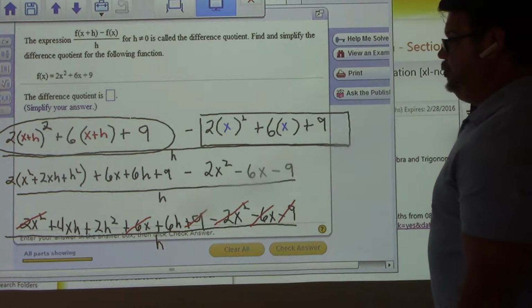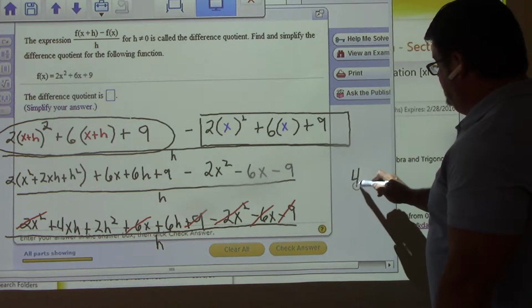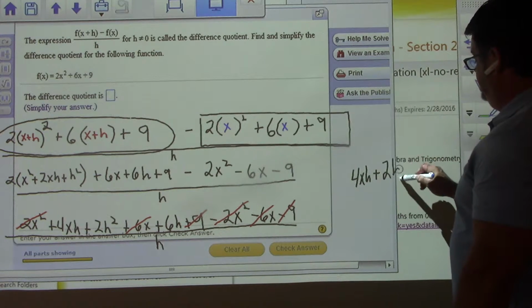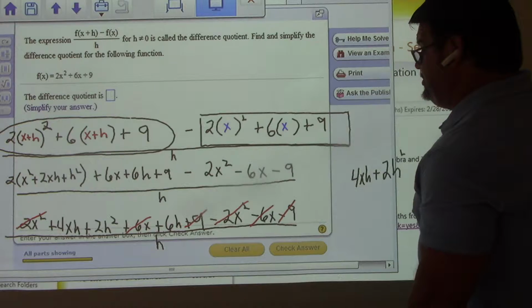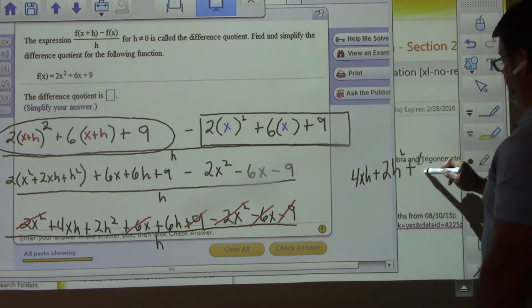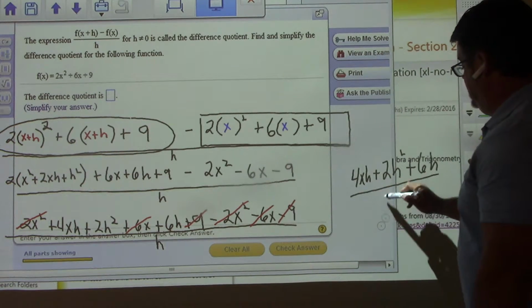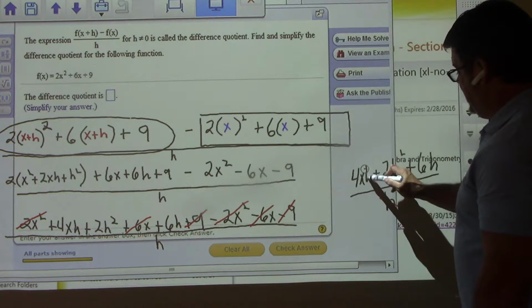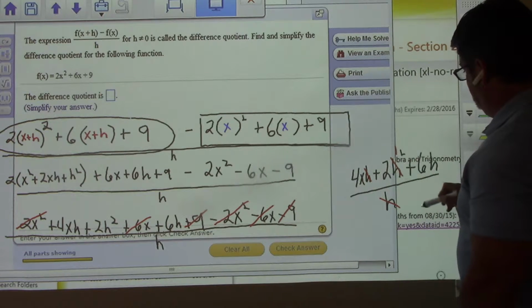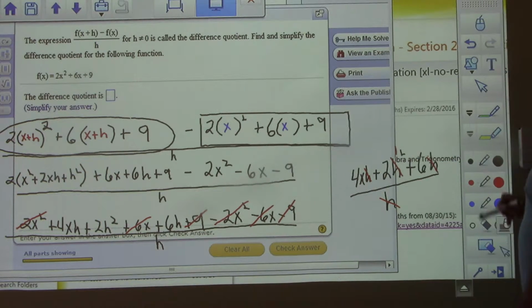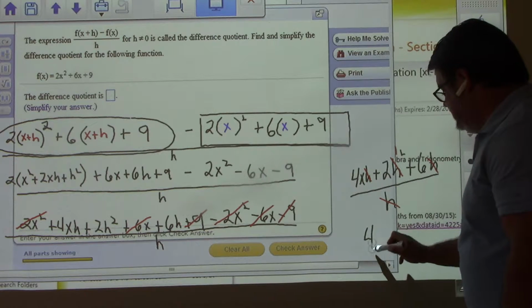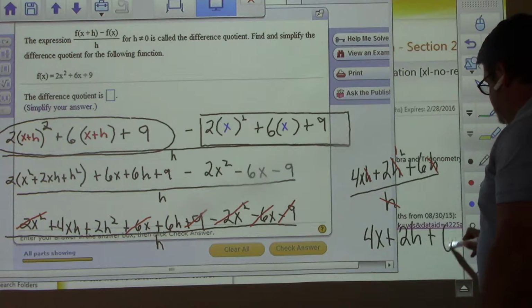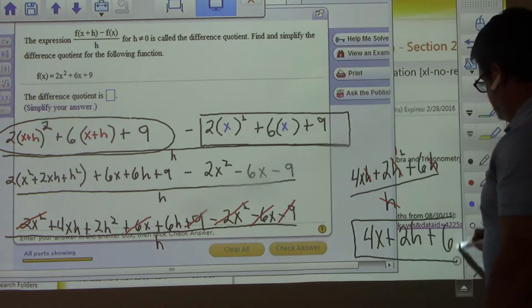That's going to leave you with 4xh plus 2h squared plus 6h over h. And you can cancel that with that, and one of those and that. And you get 4x plus 2h plus 6. Now that's your algebraic answer.